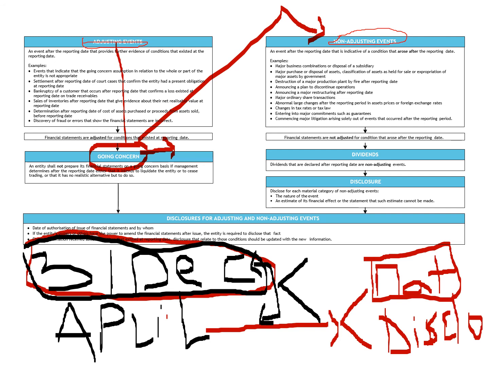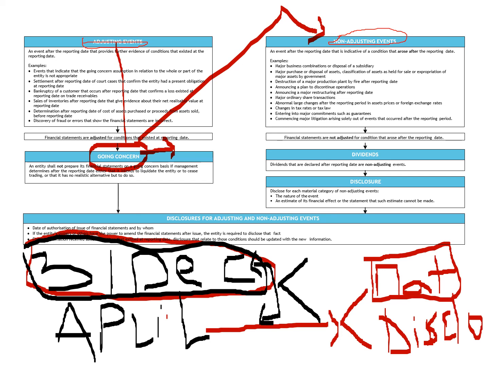I should go straight back and prepare the financial statement under the assumption that this company will not continue to operate, so it will be under a non-going concern assumption or under a liquidation basis.